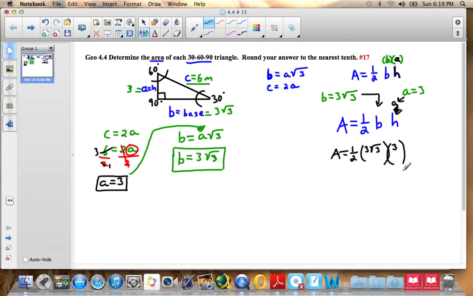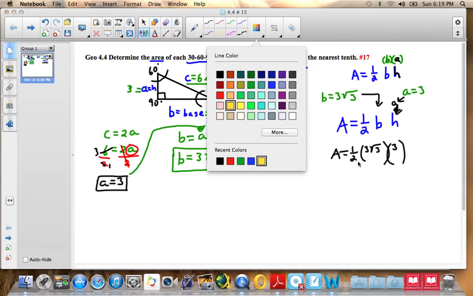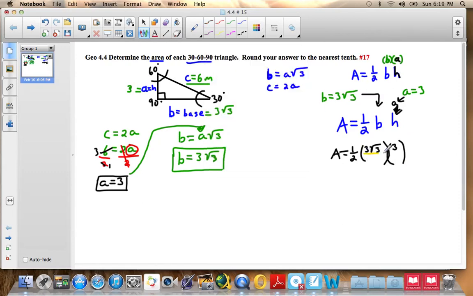There we go. Now I have to remember, like I've said over and over, that I can take any number and turn it into a fraction by putting it over 1. And again, I'd like to do this because it makes it a little more appealing as far as trying to figure out what to multiply by what.